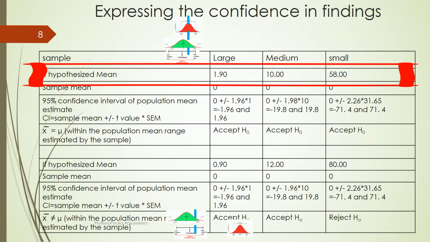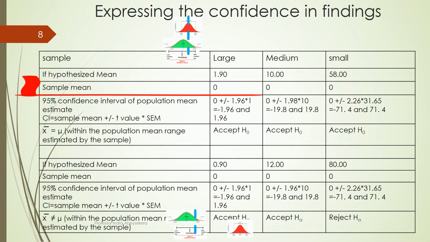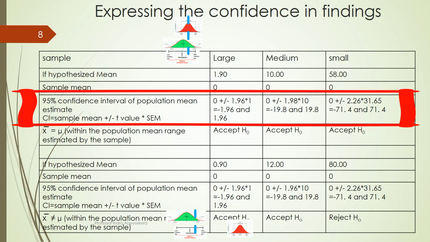small sample 58, and the sample mean is 0 in all three instances. We estimate the confidence interval assuming that we don't know the population standard deviation, and the standard error of the mean is given to us: for the large sample 1, medium sample 10, small sample 31.65.